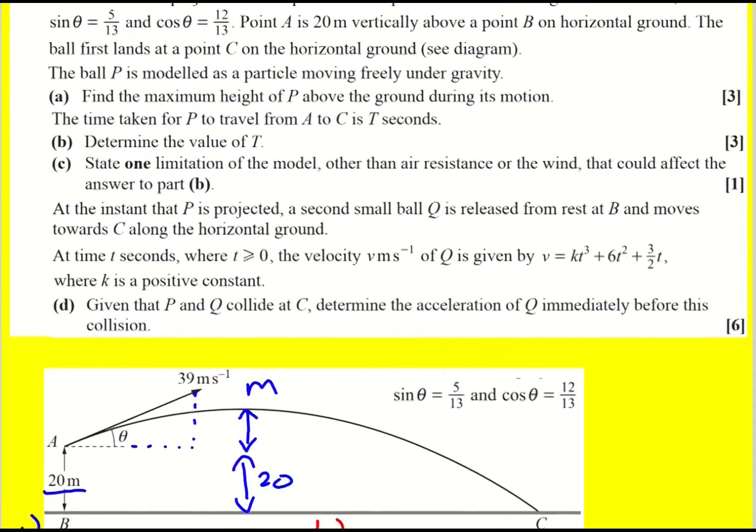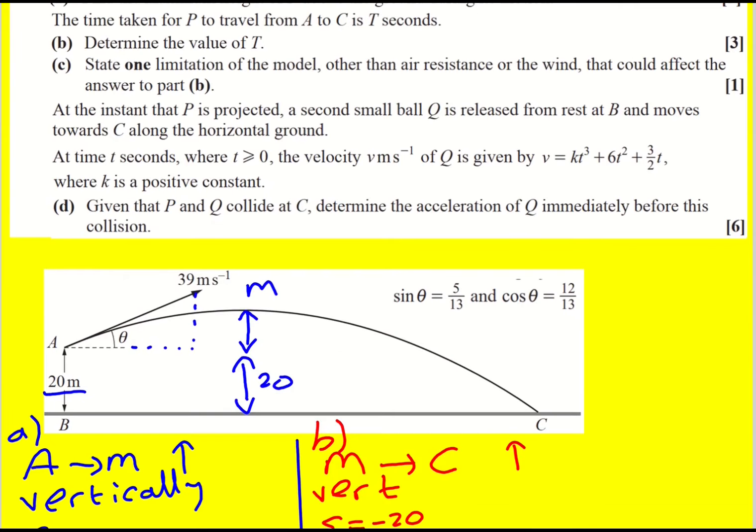Final part of this question. Let me look at this version of the diagram. At the instant that P is projected, a second small ball Q is released from rest at B and moves towards C along the horizontal ground. At time t seconds, the velocity is given by this. This is going to be variable acceleration.